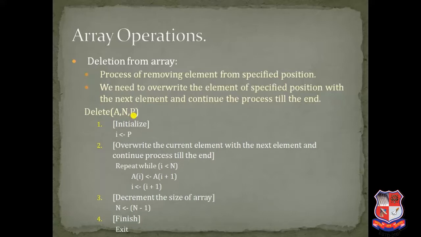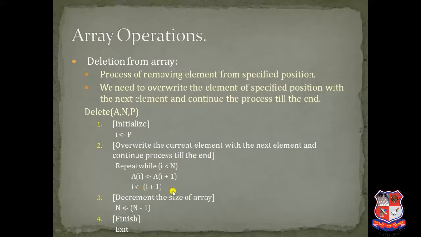In the first step, we will set our I pointer to the position. We will overwrite the current element with the next element and continue this process till the end. For that, I need to repeat while I is less than n: A of I is equal to A of I plus 1, which means the current element will be replaced by the next element, and I will increment the value of I. I will scan the next element.